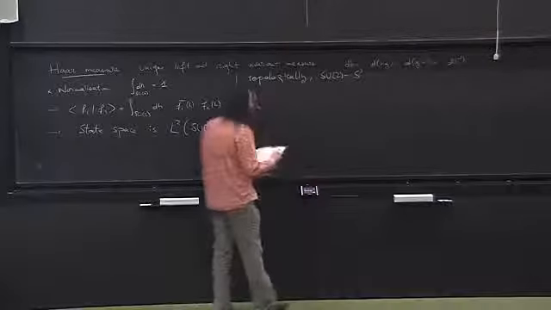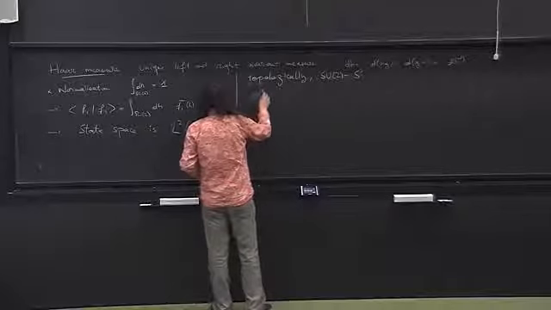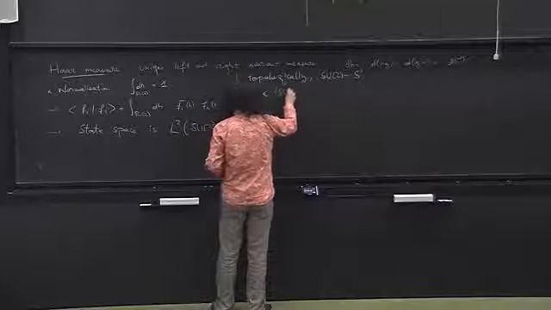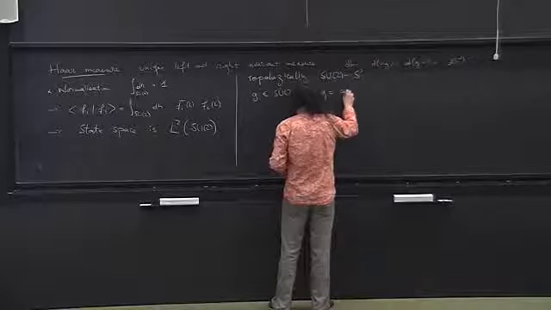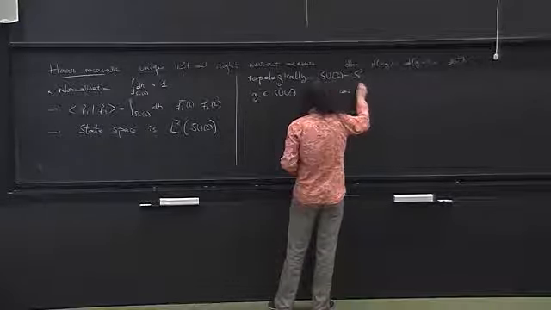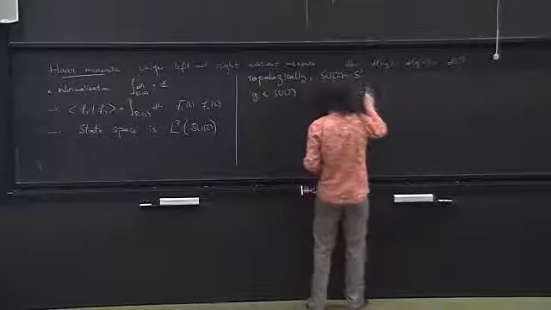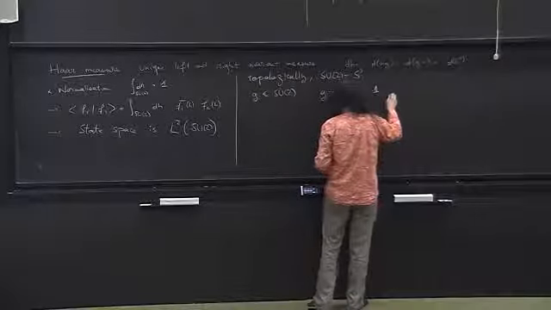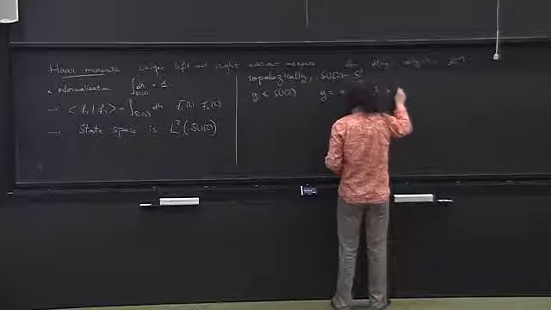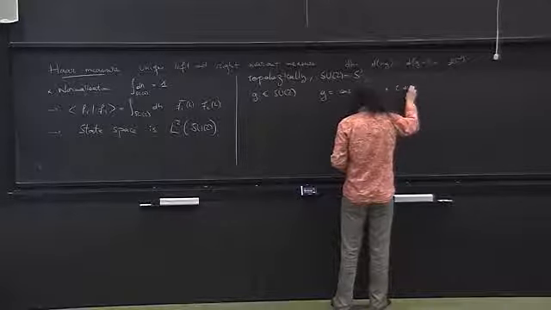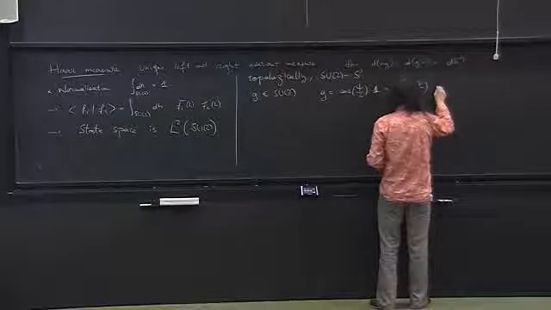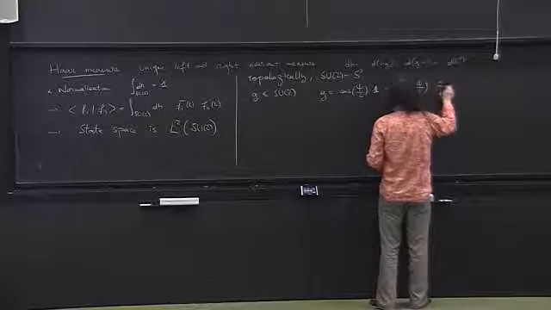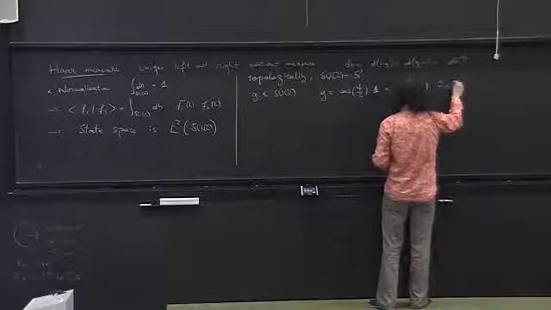Okay. So for g in SU2, you can write g as cosine psi by 2 times the identity plus i sine psi by 2 times some dot product between n and sigma.